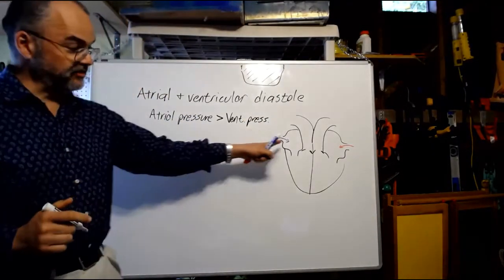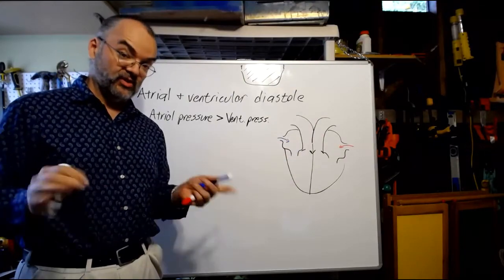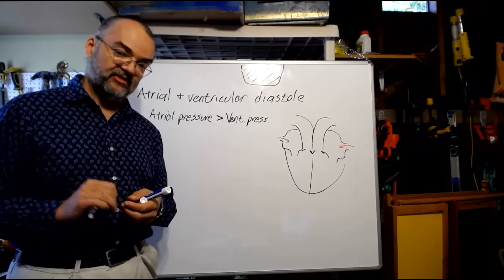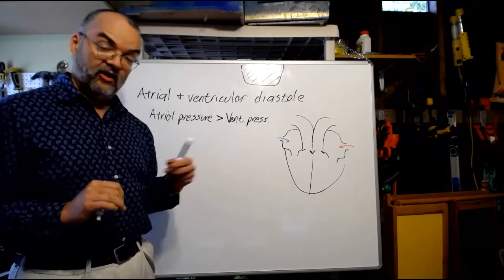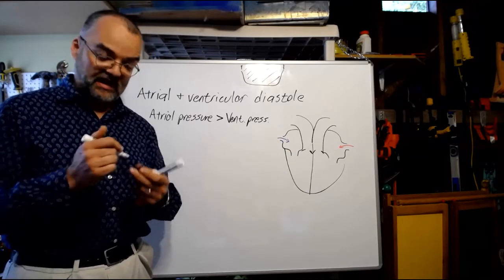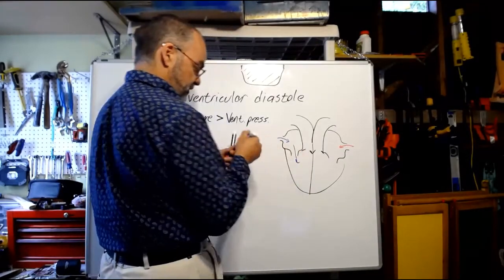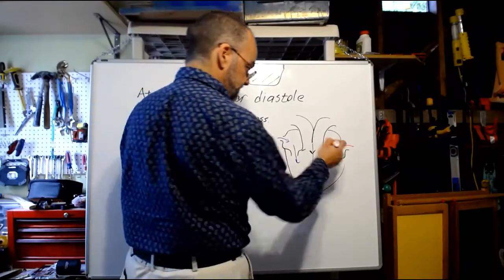Now, if the pressure in the atria is greater than the ventricles, which way is the blood going to be going? Yes, the blood will be moving downward from the atria to the ventricles, and these valves, the atrioventricular valves, do allow that flow. So during this time, blood is moving down through these open valves.